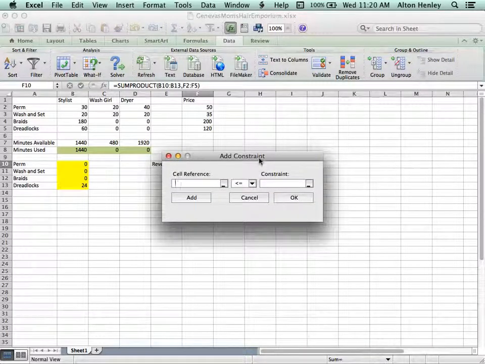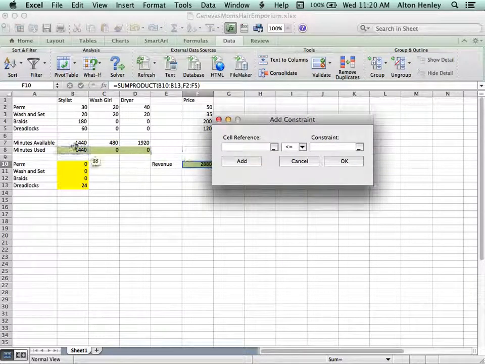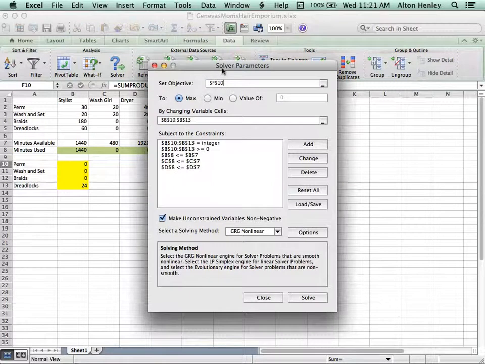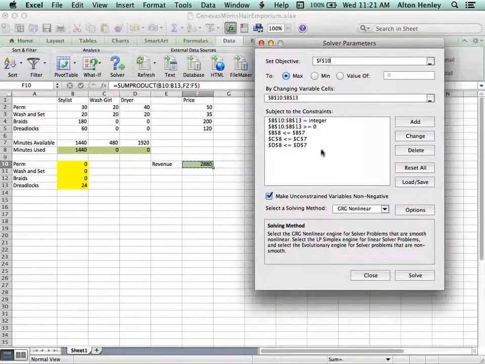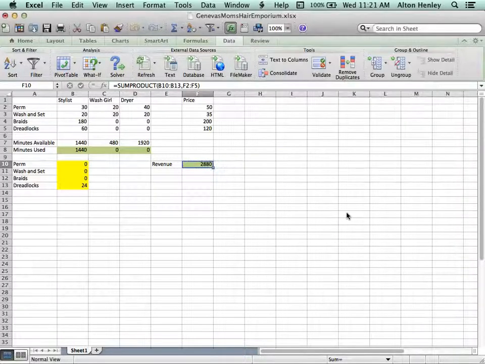Additionally, I need my minutes used for each item to be less than or equal to the capacity for that item. And then once I have all of those constraints in, I would solve.